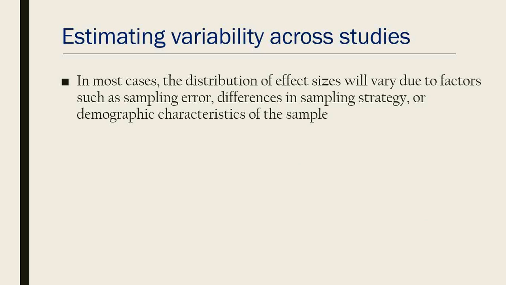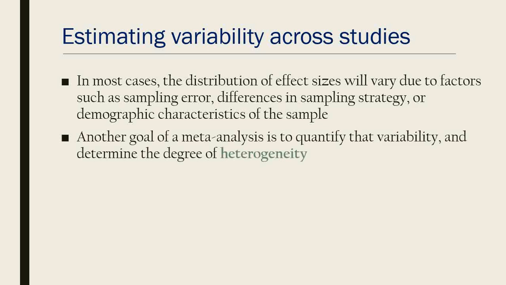Now, one of the other tasks in a meta-analysis is estimating variability across studies. In most cases, the distribution of effect sizes will vary due to factors such as sampling error, differences in sampling strategy, or demographic characteristics of the sample. Now, another goal of a meta-analysis is to quantify that variability and to determine the degree of what we call heterogeneity.